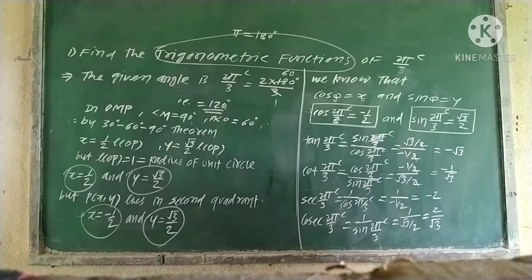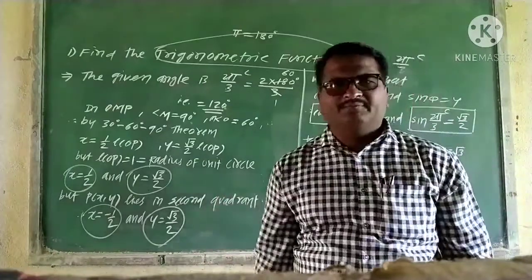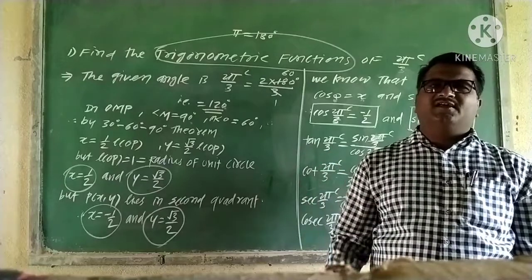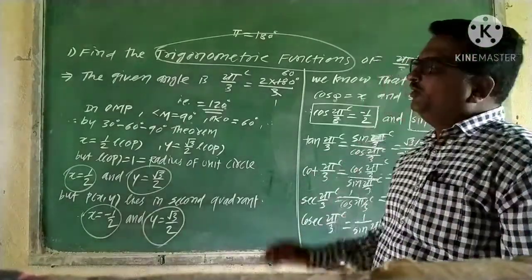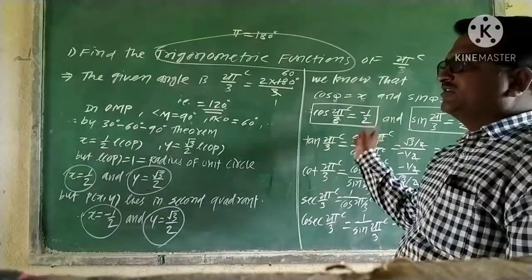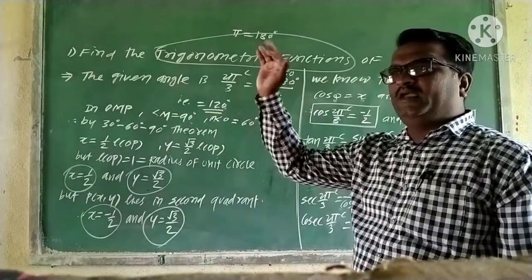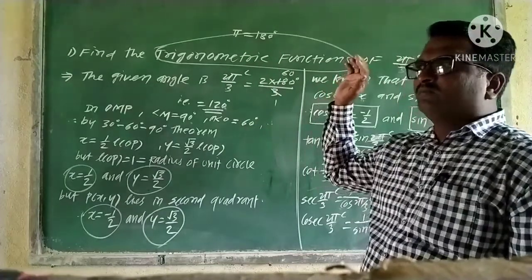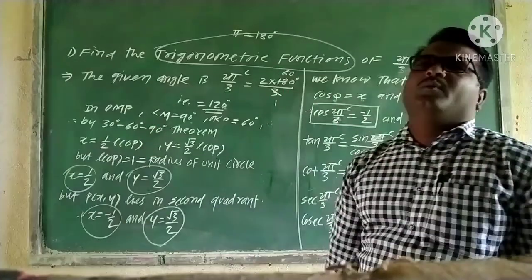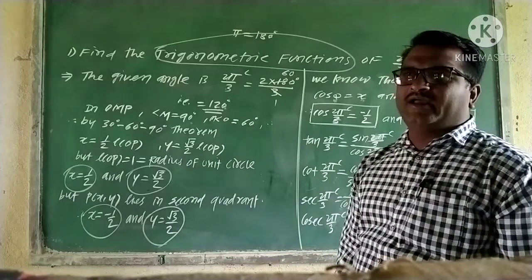Means to find the values of trigonometric functions, our process is the same. We find the standard unit circle, then we denote the given angle in the standard unit circle. We can consider a point which lies on the terminal ray, the point P having coordinates x, y, and by using the 30, 60, 90 theorem or 45, 45, 90 theorem, we can find the values of x and y.